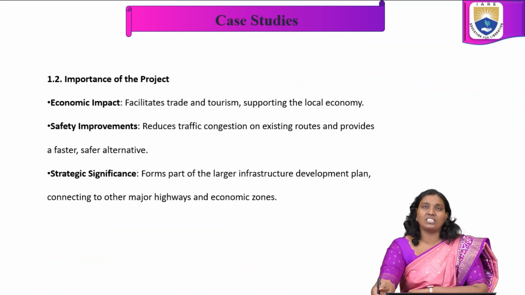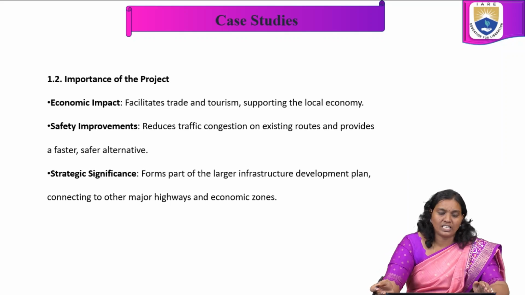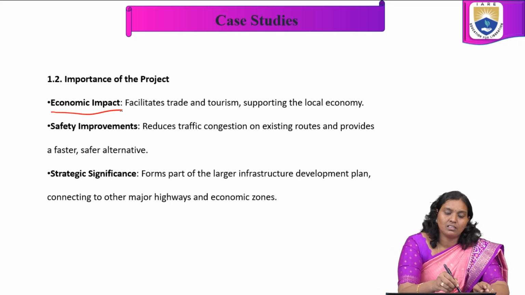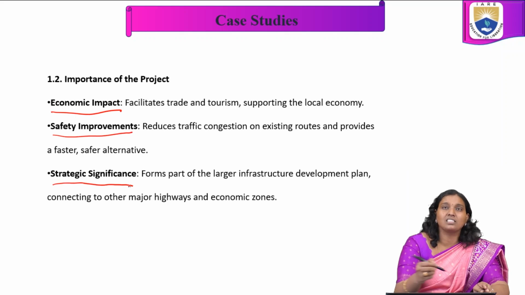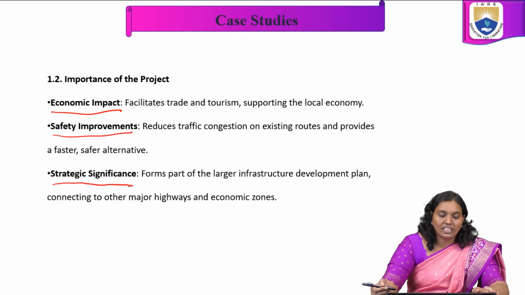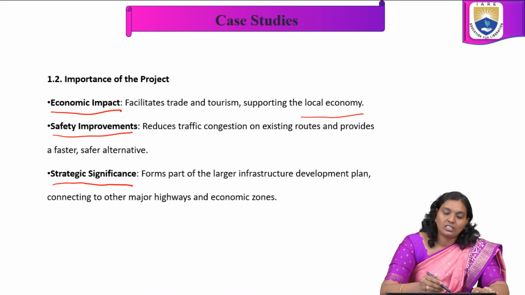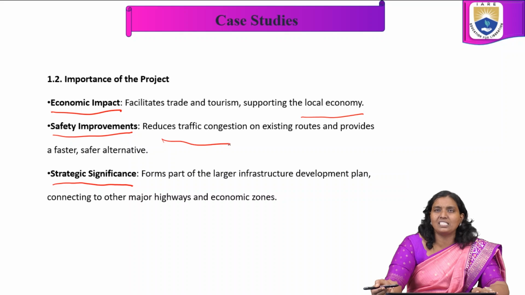Now move on to the importance of the project: the economic impact, safety improvement, and strategic significance. In the economic impact, it facilitates trade and tourism, supporting the local economy. The safety improvement reduces traffic congestion on existing routes and provides a faster, safer alternative.